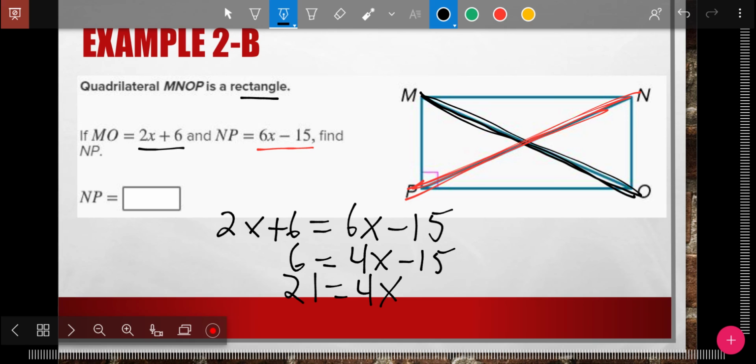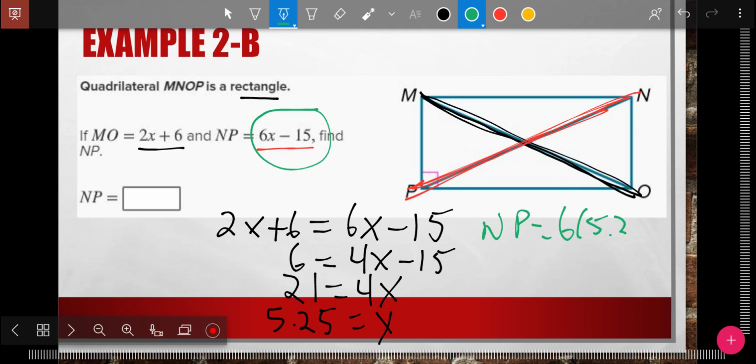I go grab a calculator. 21 divided by 4 is 5.25. Now it wants me to find NP. NP was right here, 6x minus 15.